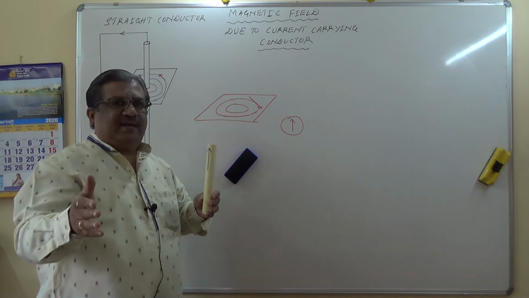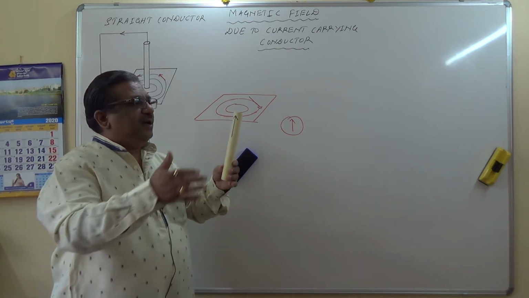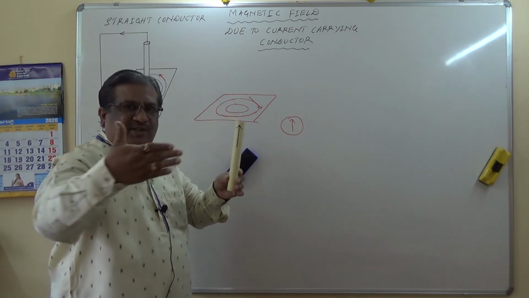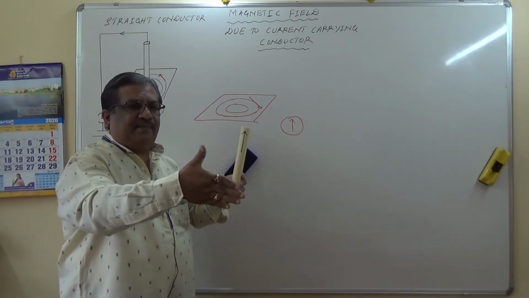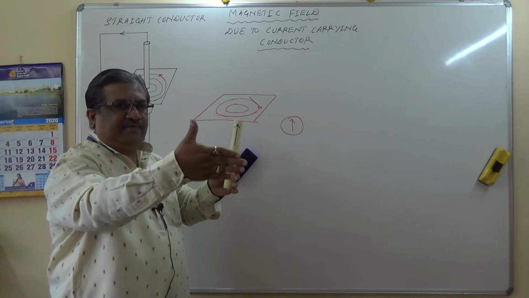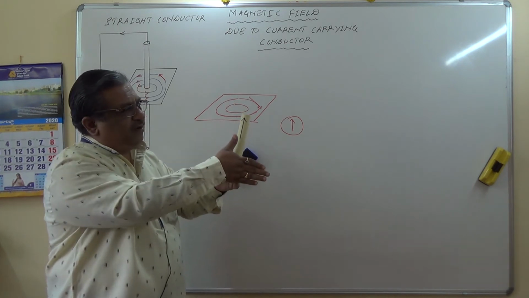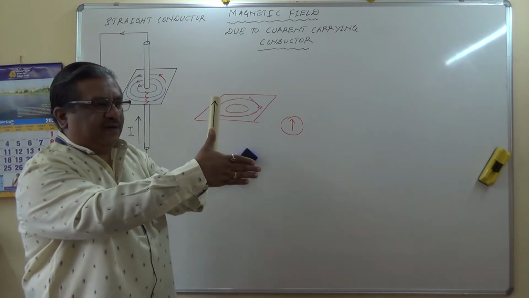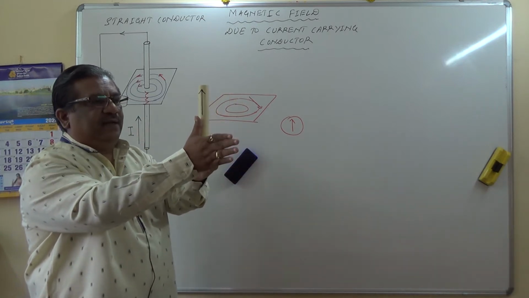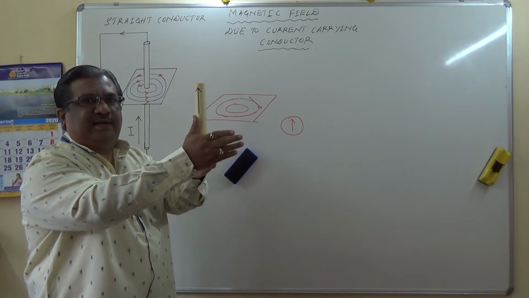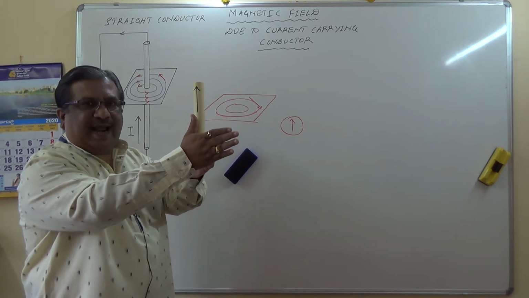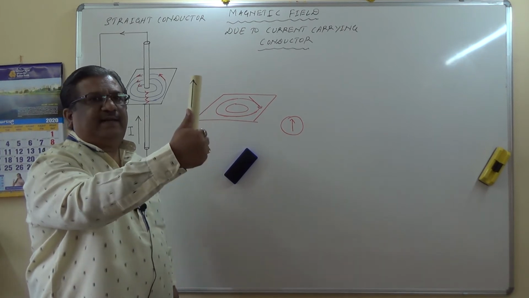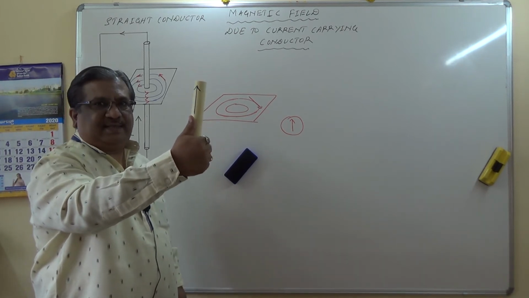If we imagine that we are holding a current carrying conductor in our right hand such that the thumb points towards the direction of the current, then the wrapped fingers around the conductor give you the direction of the magnetic field lines.